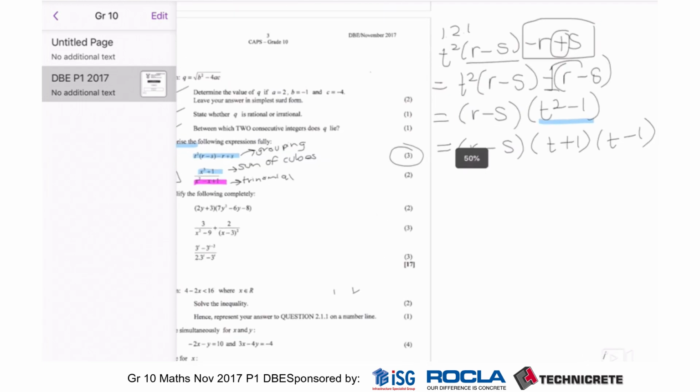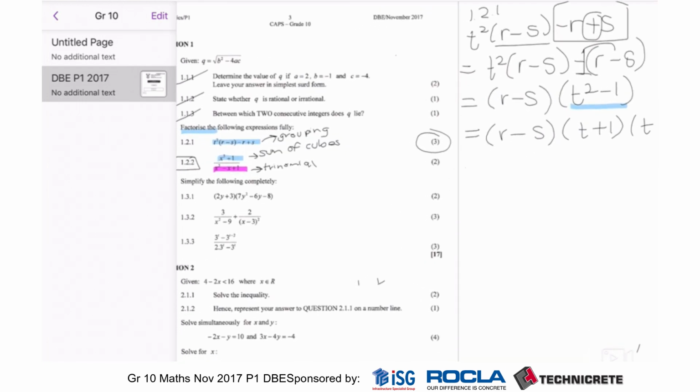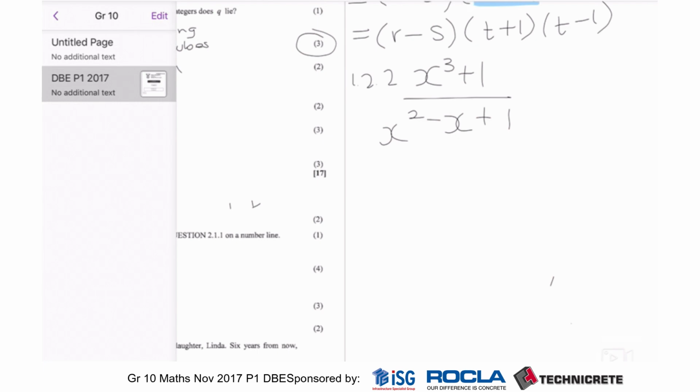Okay, the next one was 1.2.1, and we already were able to identify that we have a sum of cubes and we have a trinomial at the bottom. So sum of cubes and difference of cubes has a specific structure that you should know, and you know that it's got 2 brackets.